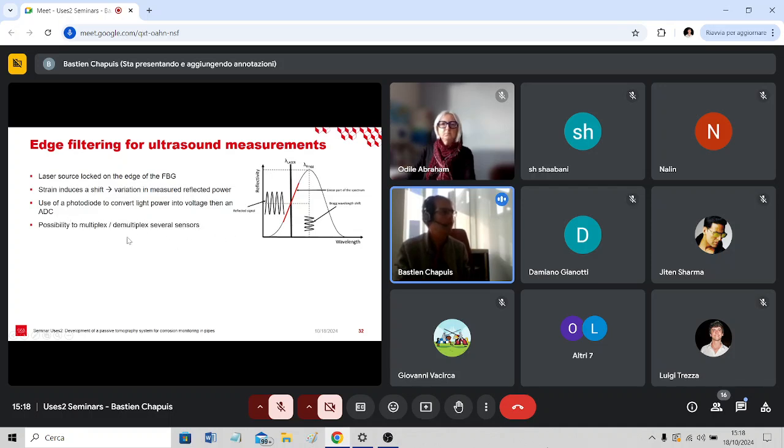With this setup, we can imagine multiplexing and demultiplexing several sensors. We have one laser for this Bragg, and if we have another Bragg at another wavelength on the spectrum, a second laser, etc. We can put one laser for each sensor on our optical fiber.